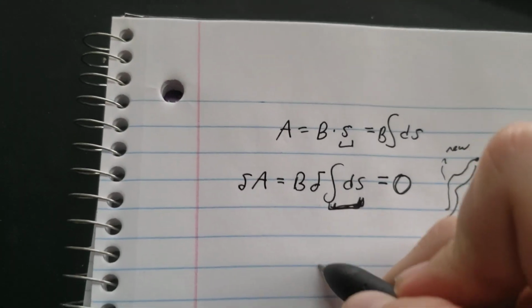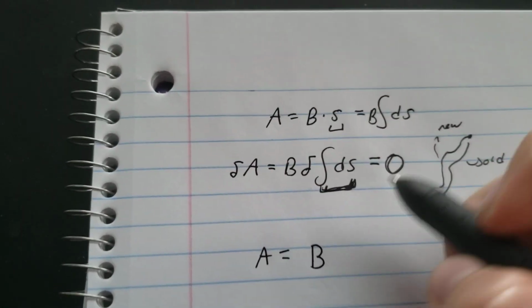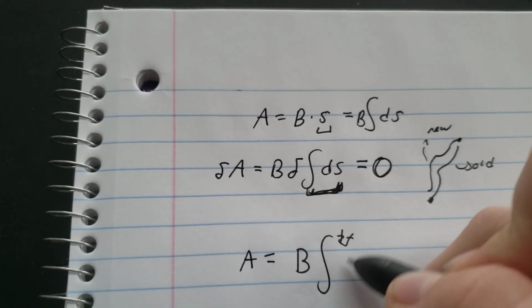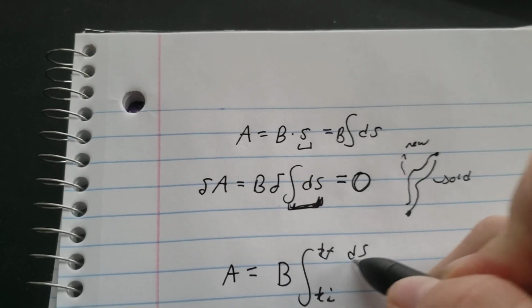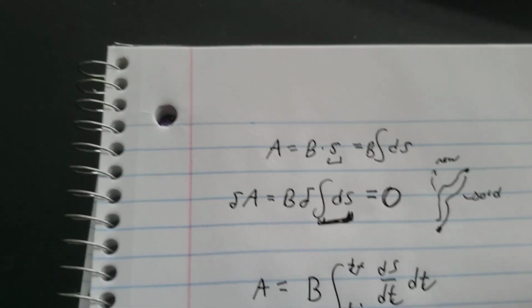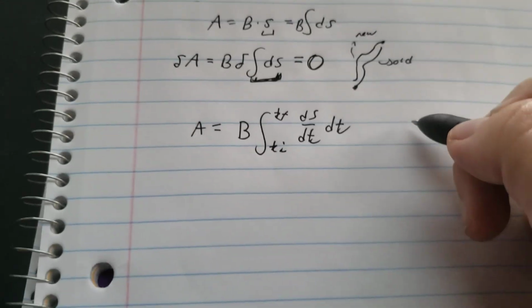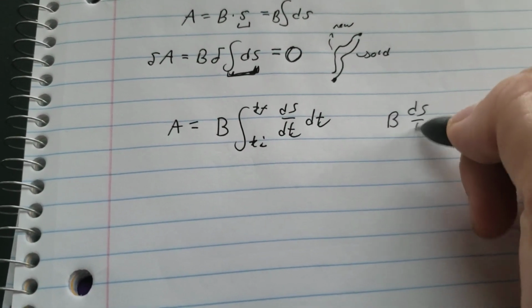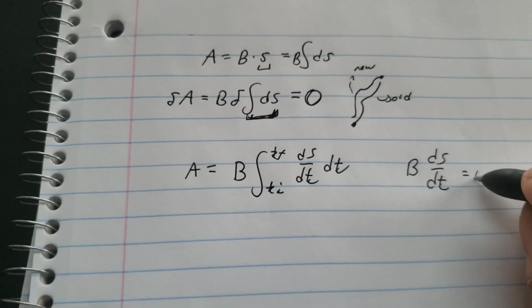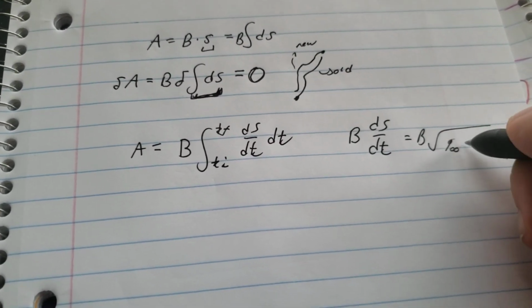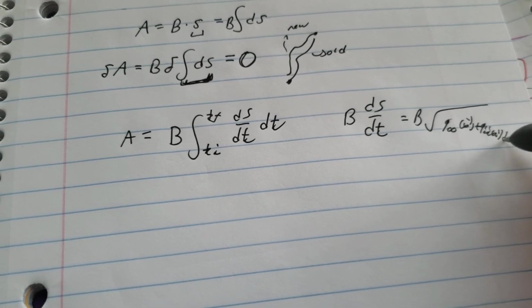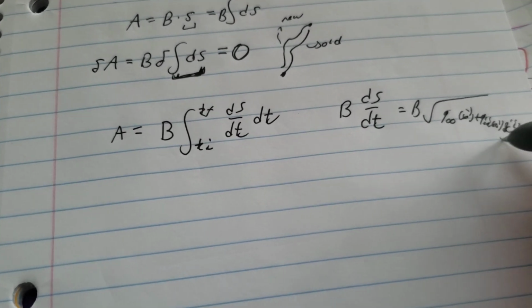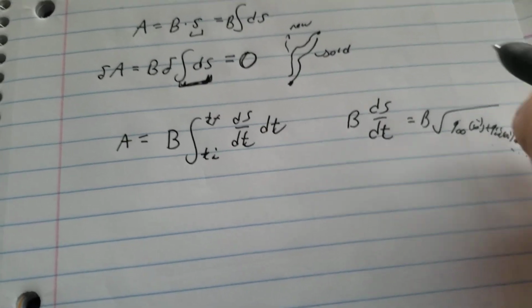Well, I'm going to define now our action. We're going to rewrite our action as the integral over the time of the path of b ds over dt times dt. Our constant times ds over dt is just b times the square root of g_0 plus g_i x_i dot squared summed over i.